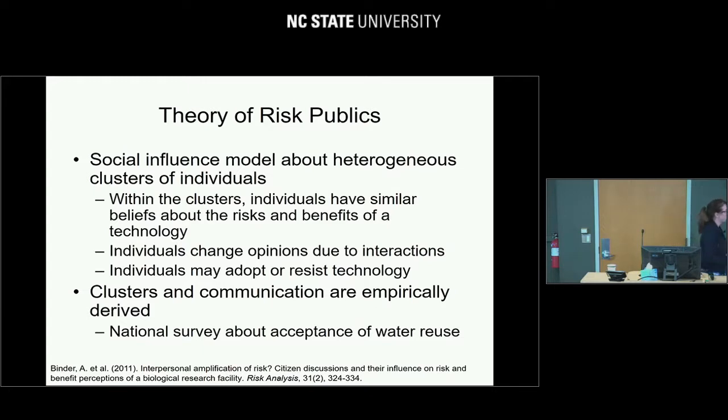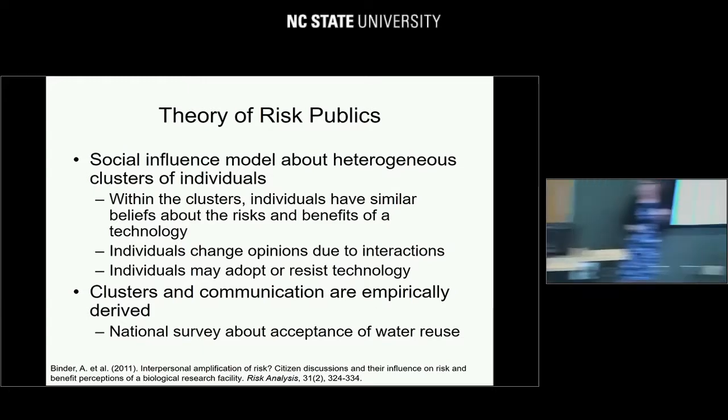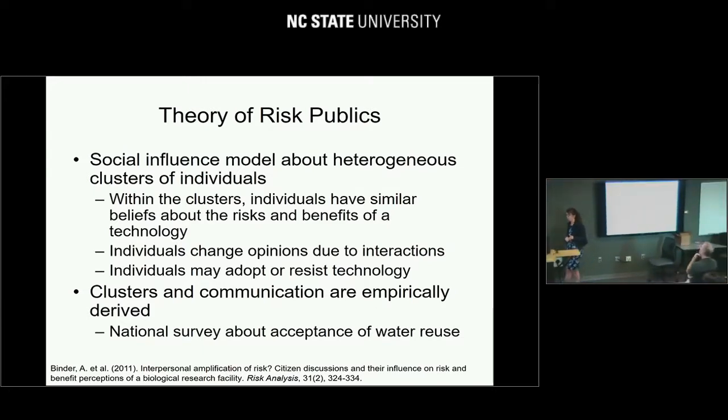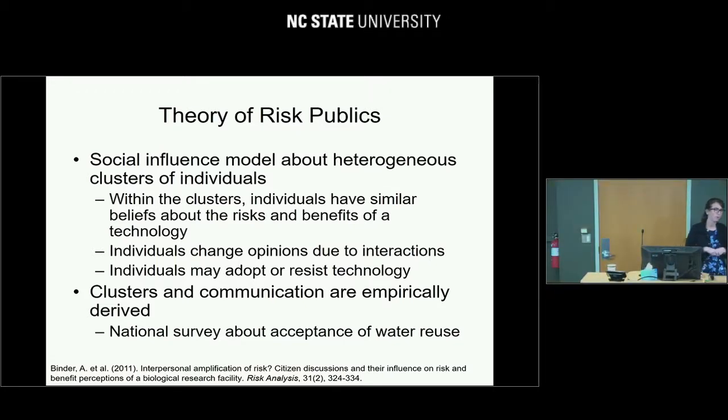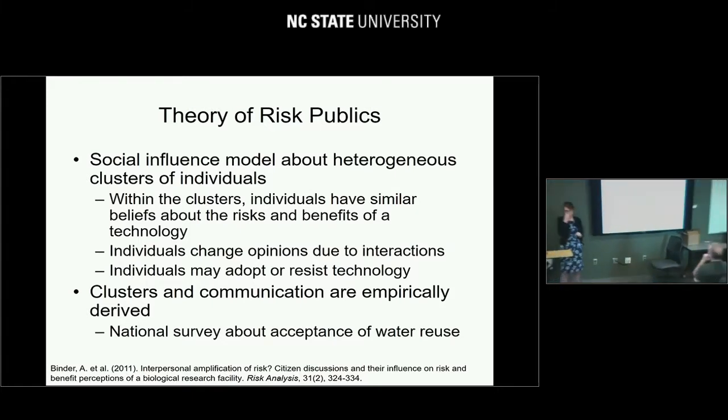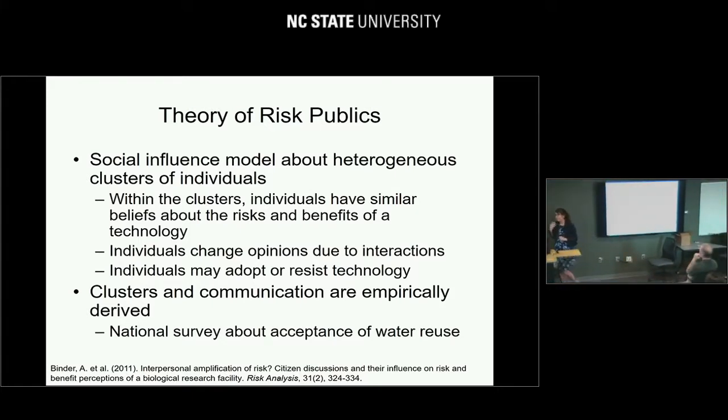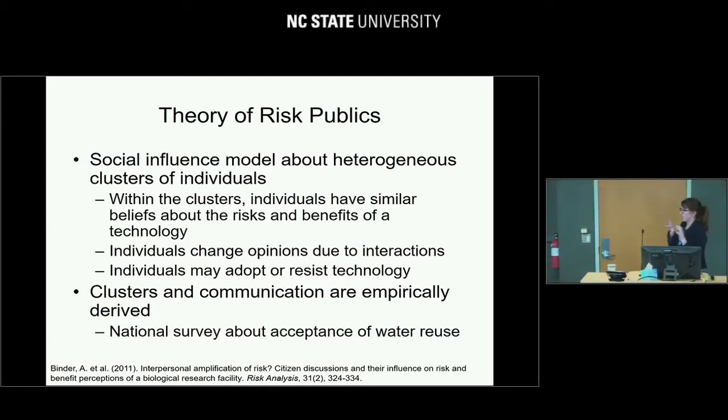The agent-based model that I'm going to talk about is based on the theory of risk publics. This is a theory that Dr. Bender here in the Department of Communication has been working on for a while. This theory splits the population into clusters, and people in those clusters have similar perceptions of the risks and benefits of a new technology.